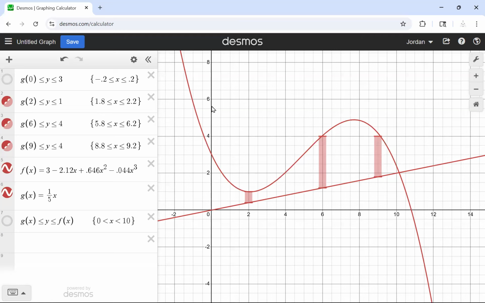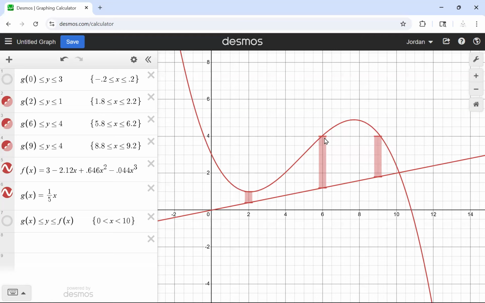In terms of the moment from the y-axis, I'm going to take into account the height of this rectangle. That's like a weight. And then I'm going to multiply times the distance from the y-axis.